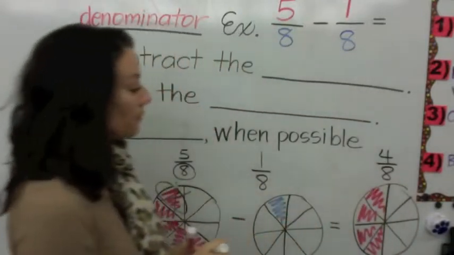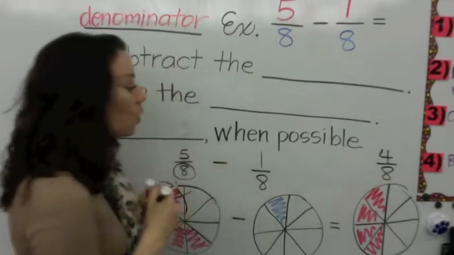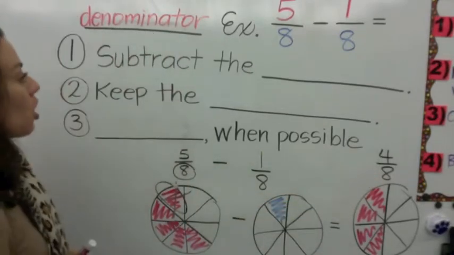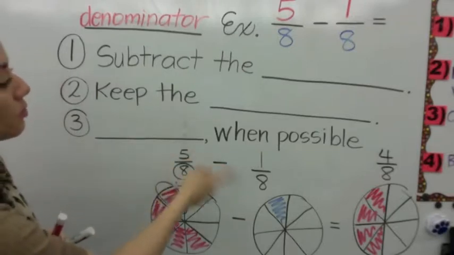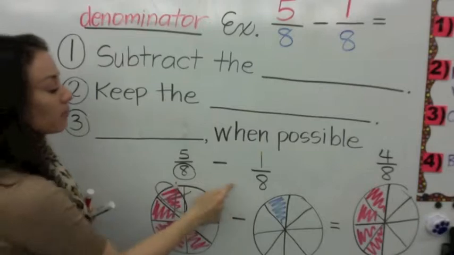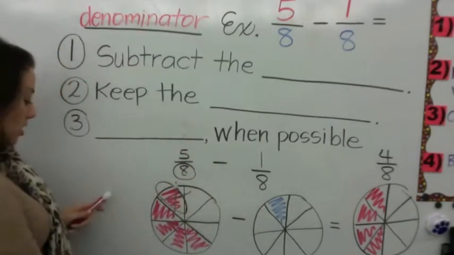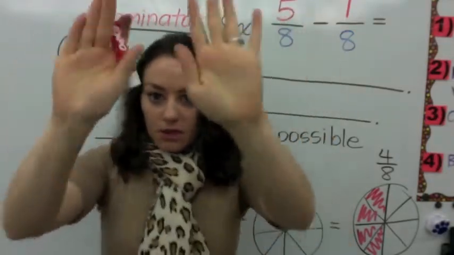Okay, because we did 5 minus 1, and we kept the denominator the same. So what did we do? What did we subtract? Did we subtract the bottom numbers or the top numbers here? We subtract the top. The top is called the numerator. It's called the what? The numerator.